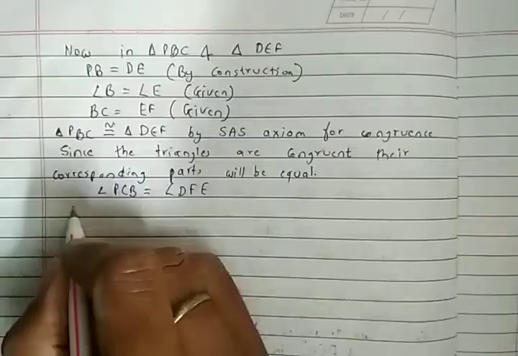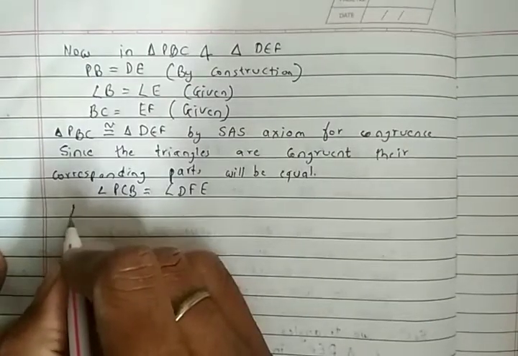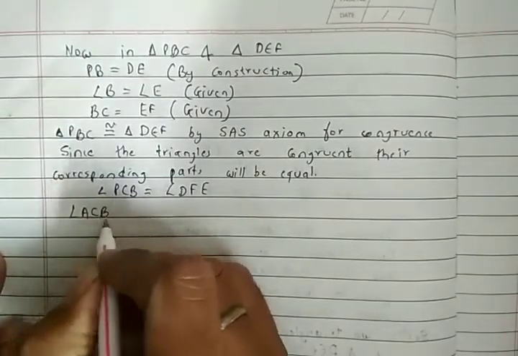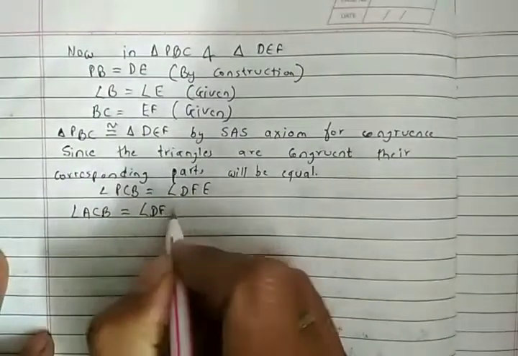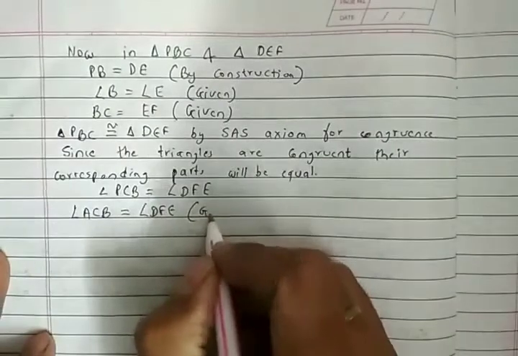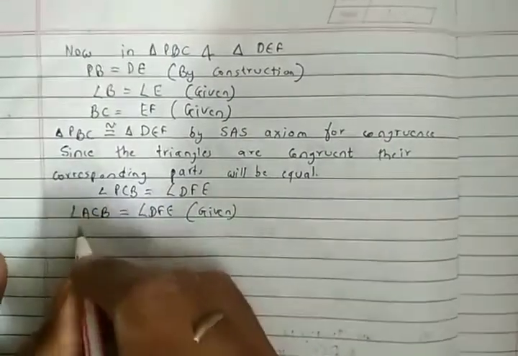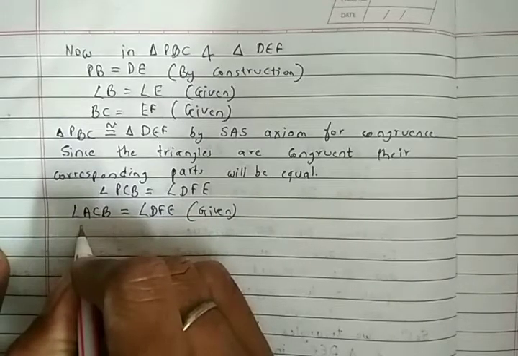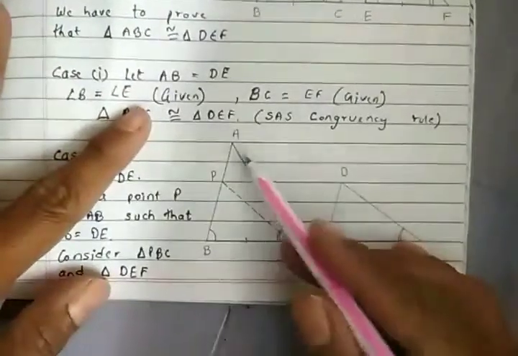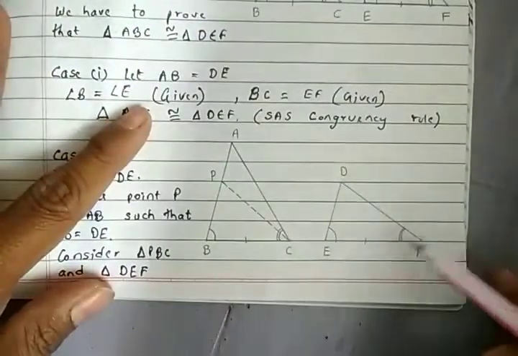Okay, but here we are given that angle ACB is equal to angle DFE. This is given, and we are given that ACB is equal to DFE.